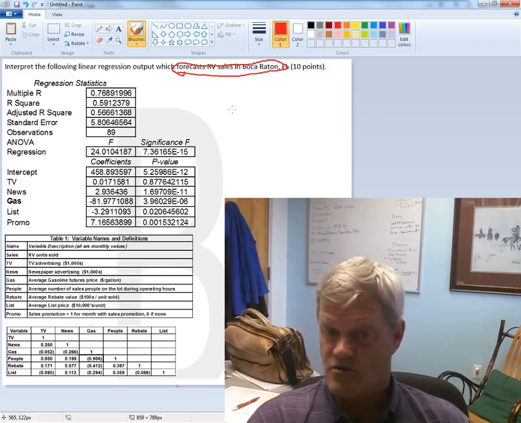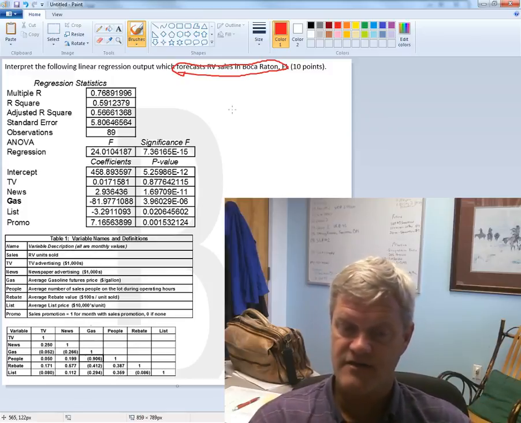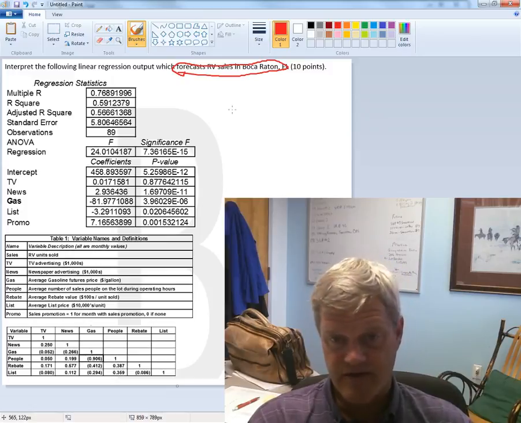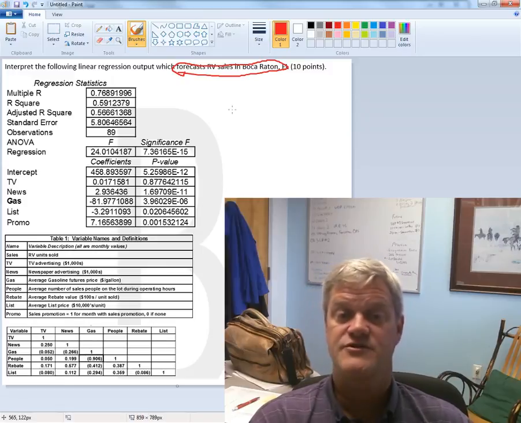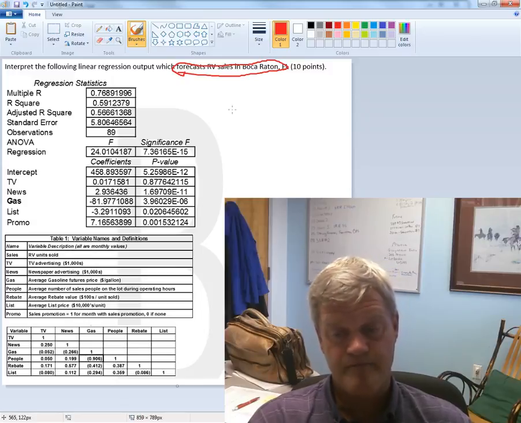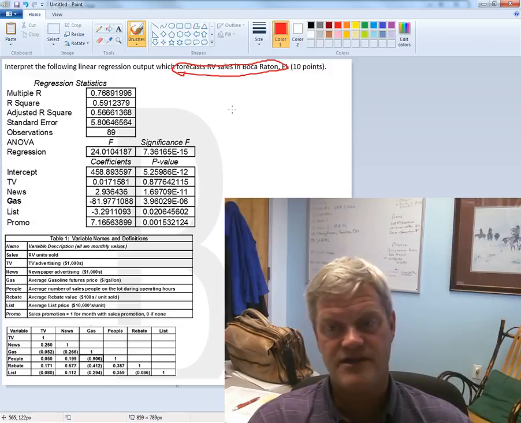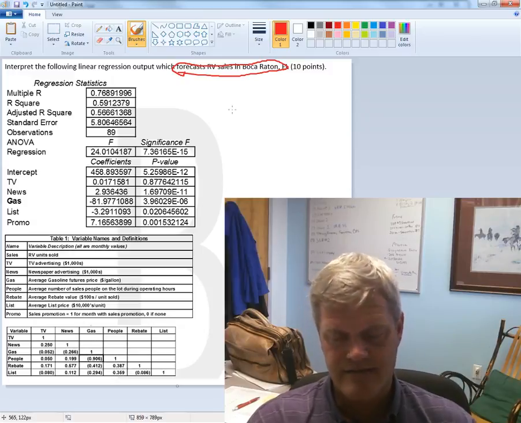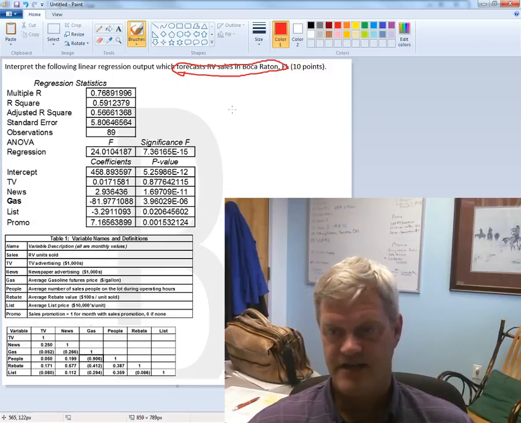In other words, if I wanted to use this model to predict RV sales in Wichita, Kansas, I would not be able to do that reliably because this model was built for Boca Raton, Florida. It was using Boca Raton information, and although it may be similar to the sales in Wichita, Kansas, it cannot be reliably used. This model cannot be counted on to give you true information in another city.